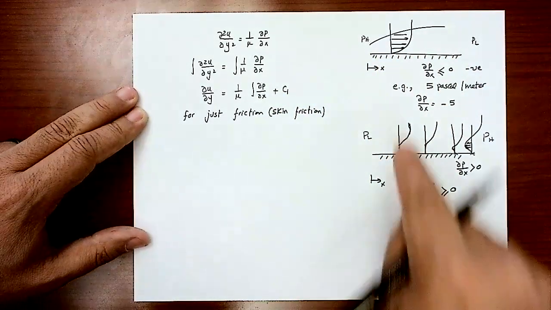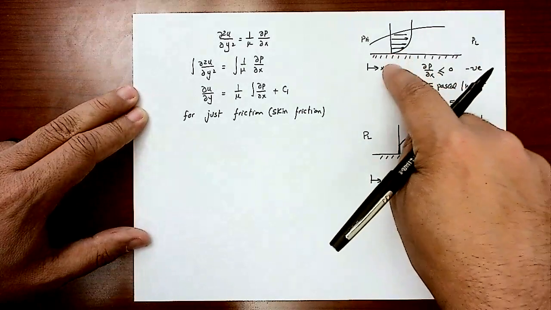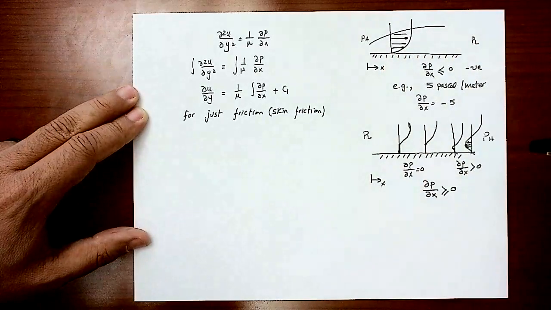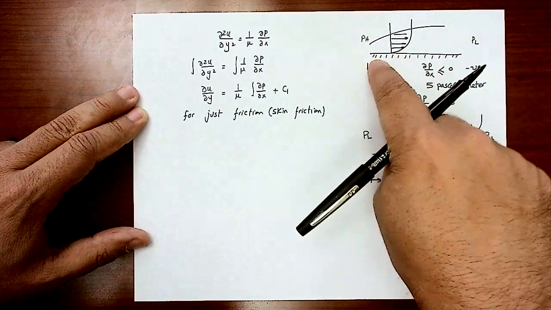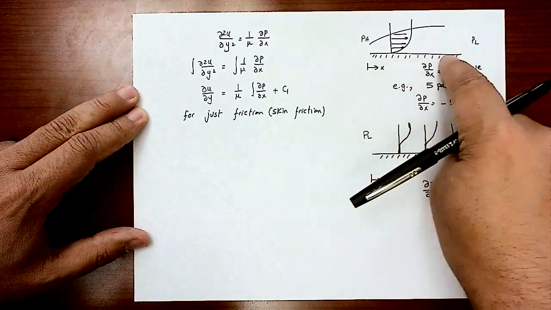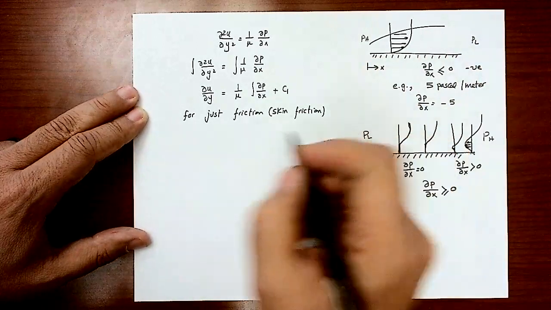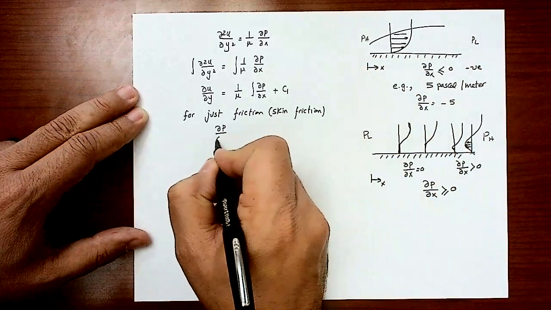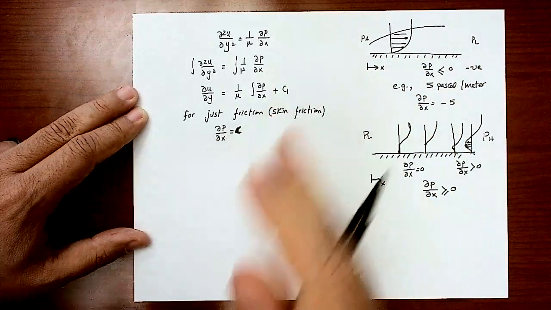So between the two parallel plates, either at the lower plate or the upper plate, if it's only considered for the friction loss, nothing else, we can assume that partial P by partial X changes constantly along that line. So for just friction, we can assume partial P by partial X is equal to a constant. And this is the simplest assumption.